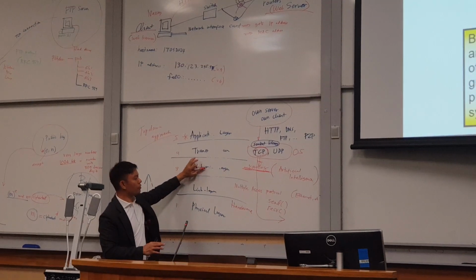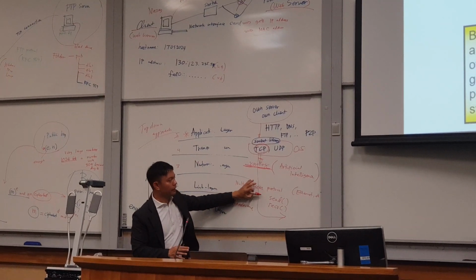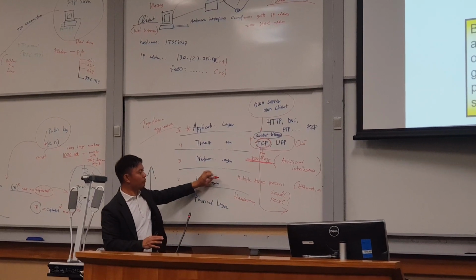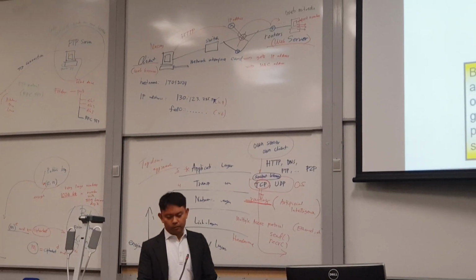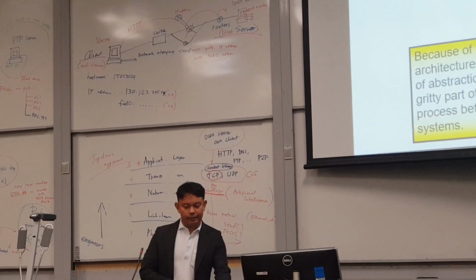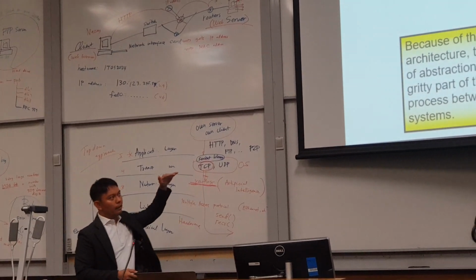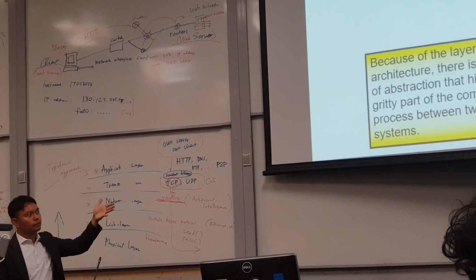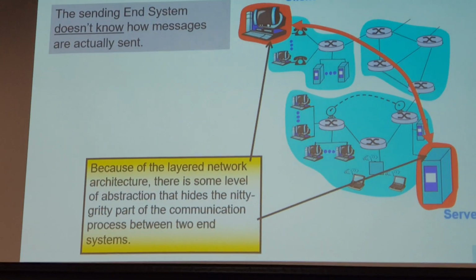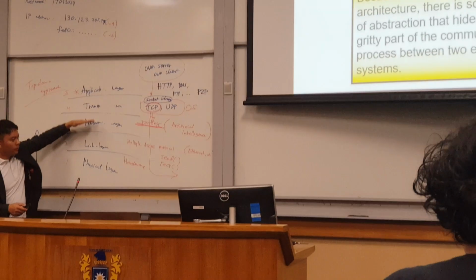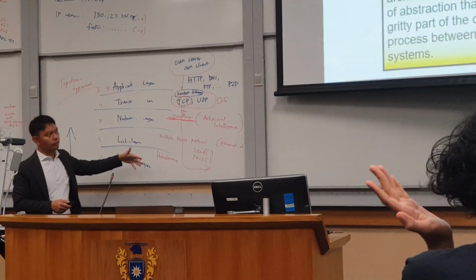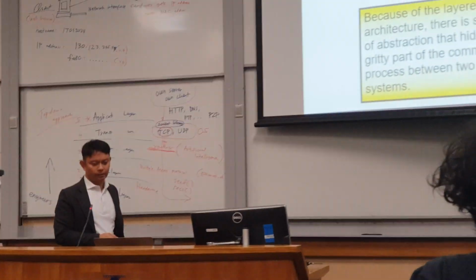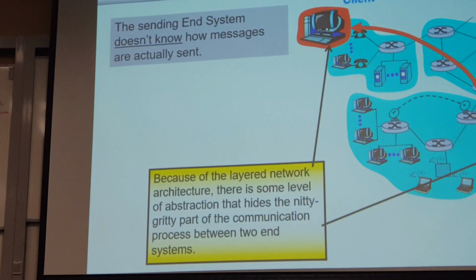And to actually traverse the Ethernet, for instance, there will be functions made available by the link layer as well as the physical layer. So what this slide is telling us is that due to the level of abstraction, a client simply relies on the services provided by the protocols underneath the application layer. So it's like service oriented.